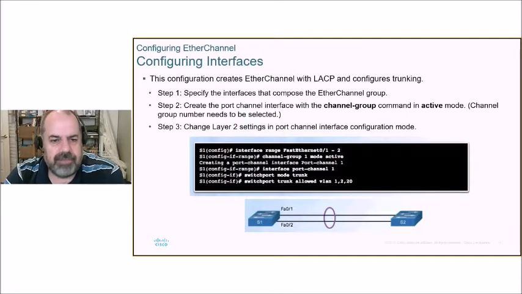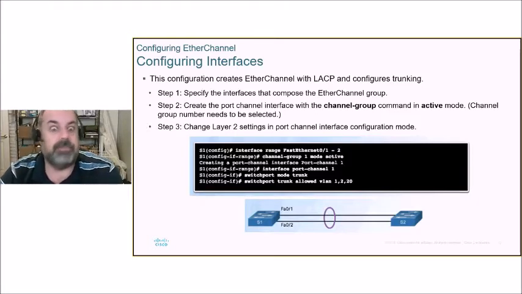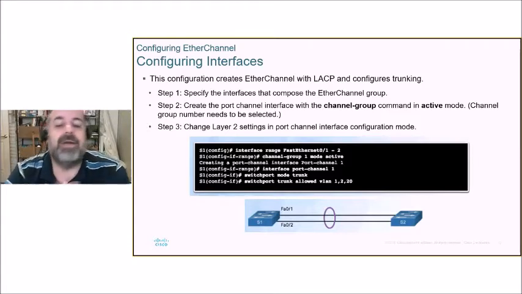Now, how do we configure it? Using the interface range command will speed the process up, and it will ensure a bit of consistency within the switch. You need to specify the interfaces that compose the EtherChannel group, and then you type in channel-group and give it a number. So those interfaces will be in channel-group 1. If you need another EtherChannel, then you need to use channel-group 2 or some number other than 1.